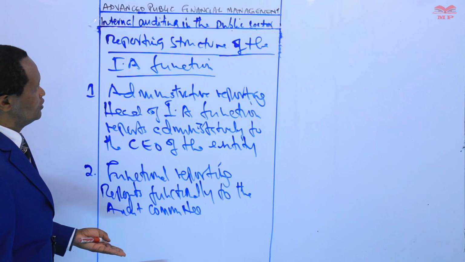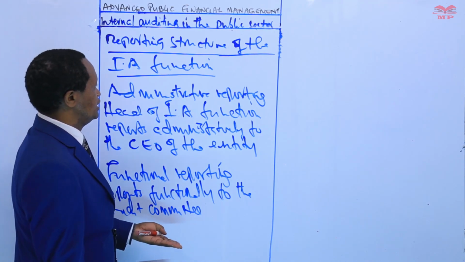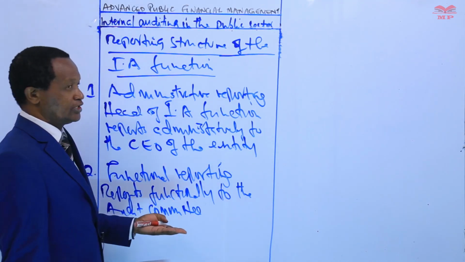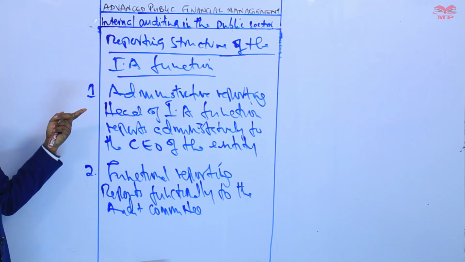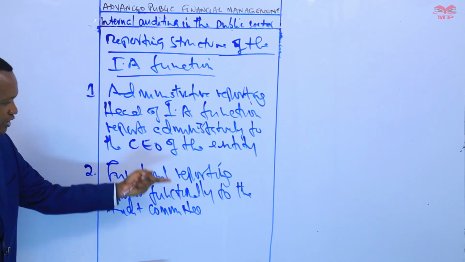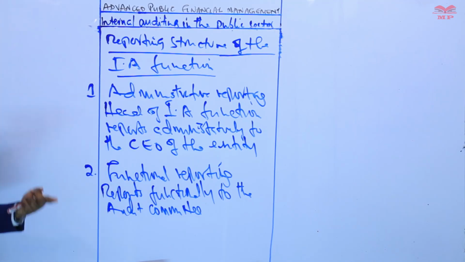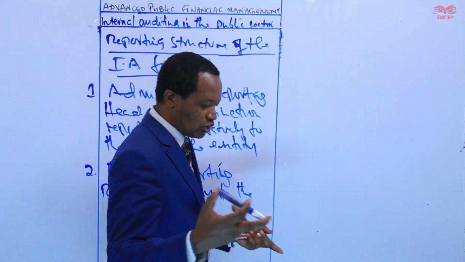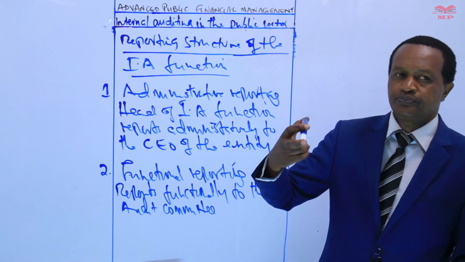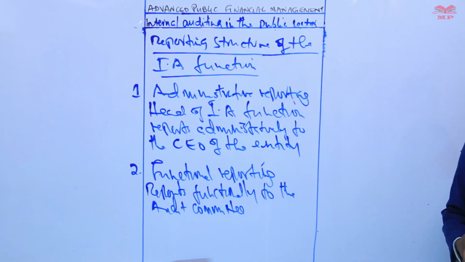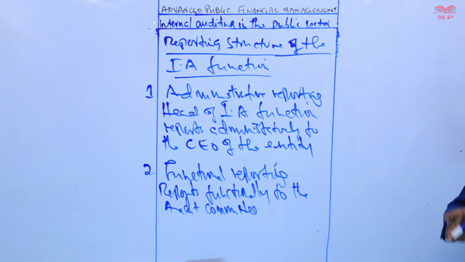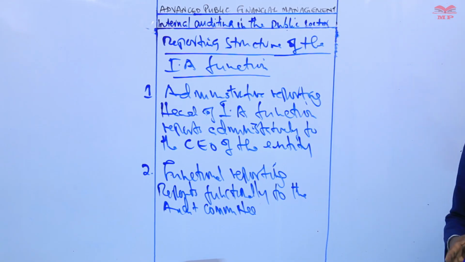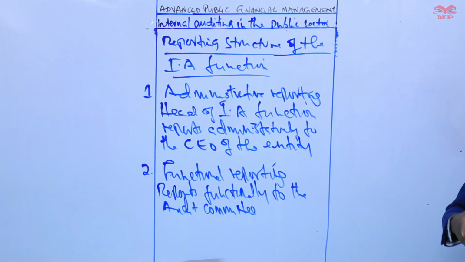So that's all, candidates, for the reporting structure of the internal audit function. There are 2 ways. It reports administratively to the CEO of the company, then functionally to the audit committee. It's important to remember that the Global Internal Audit Standards emphasize that the chief audit executive must report to a level within the organization that allows the internal audit activity to fulfill its responsibilities.